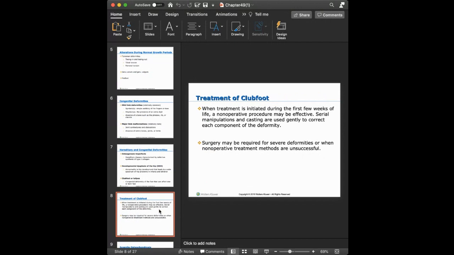So we treat club foot within the first few weeks of life. Hopefully, a lot of kids can be helped with casting and serial manipulation, so physical therapy without having to do surgery. But if the deformity is really severe, or if we do the casting, we do the physical therapy, we go through all of this and the deformity stays, then we may have to do surgery.